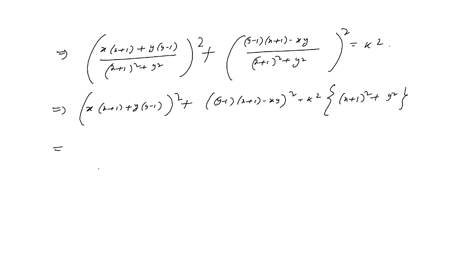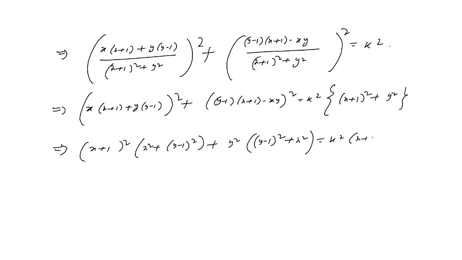You will get x plus 1 whole square into x square plus y minus 1 whole square plus y square into y minus 1 whole square plus x square, this is equal to k square into x plus 1 whole to the power.